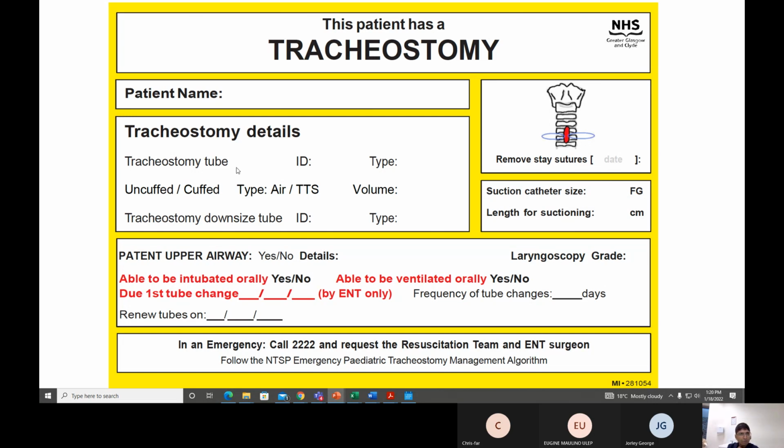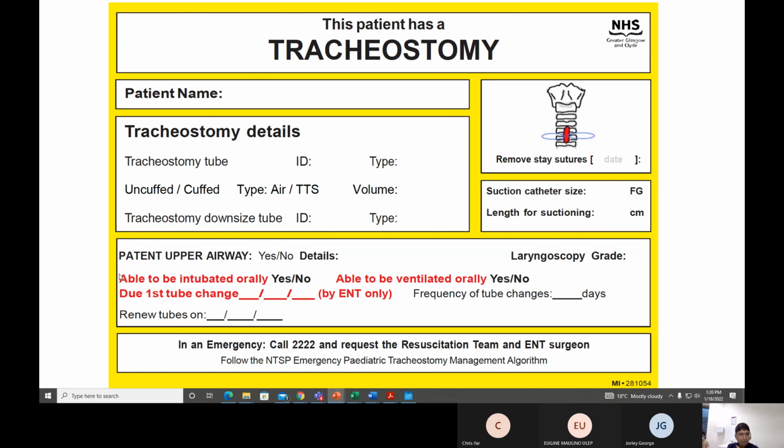So this includes the type of tracheostomy tube and the size of the tracheostomy tube, the internal diameter, and whether it's cuffed or uncuffed. And if you're using suctioning, then what size suction catheter is used and what is the length of the suction catheter that you need to insert for proper suctioning.